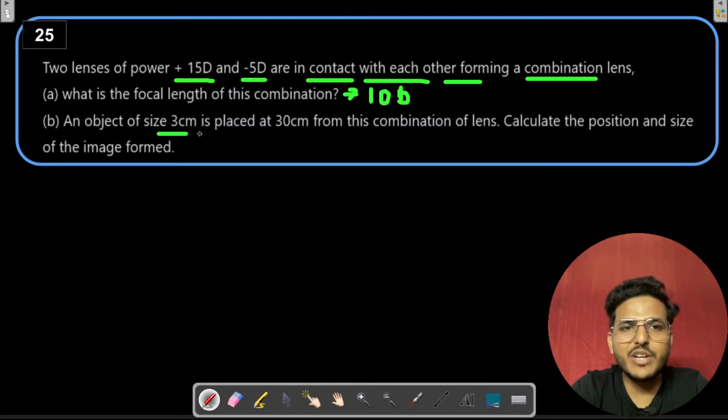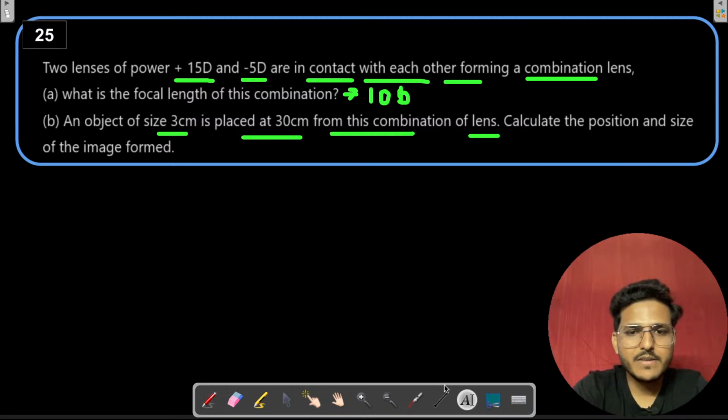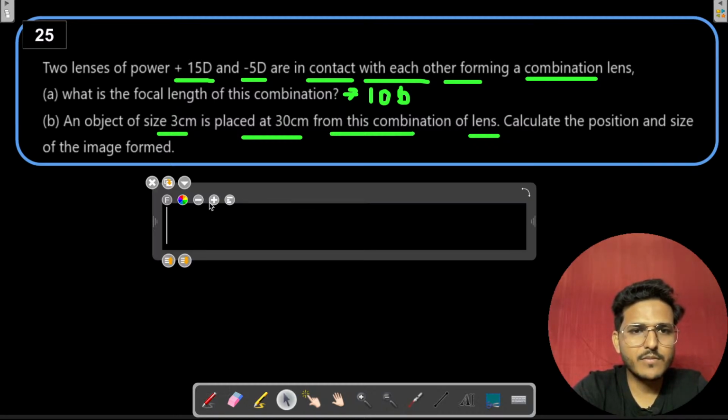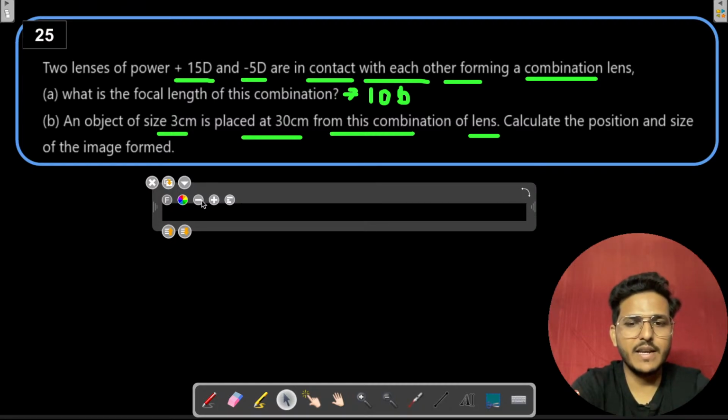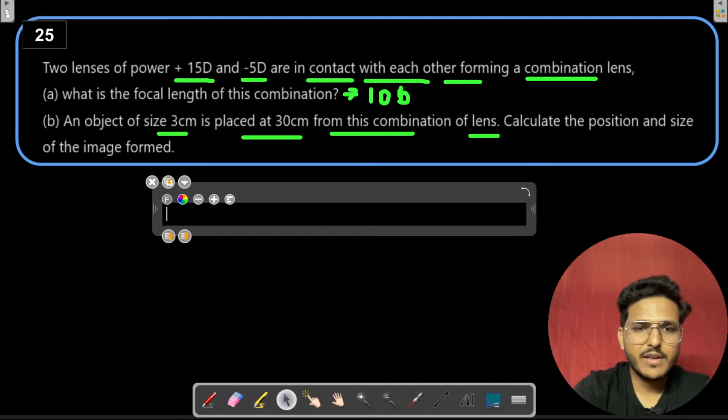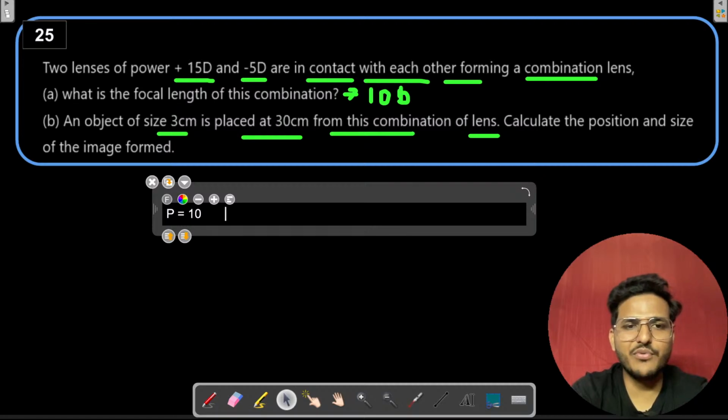The object of size 3 centimeter is placed at 30 centimeter from the combination of lens. Calculate the position and size. If power equals 10, then what is the value of F? F is basically 1 upon P, that is 1 upon 10.